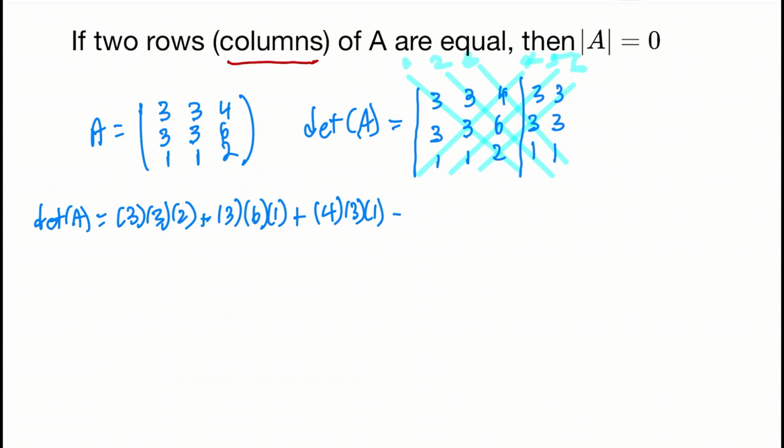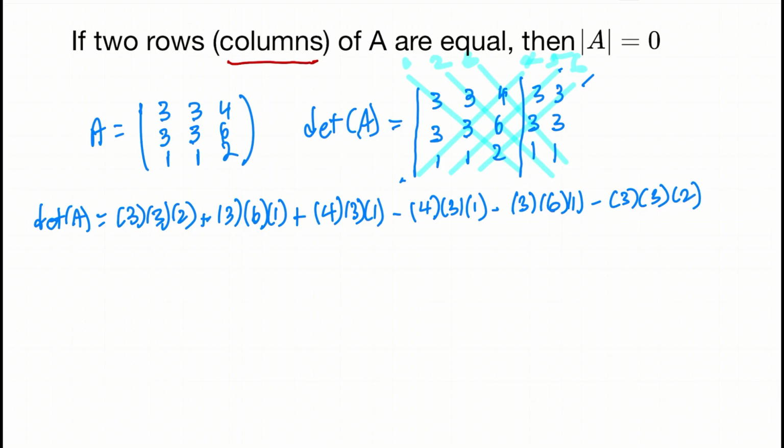And now we subtract off this diagonal, so that's going to be 4, 3, 1, minus the number 5 diagonal, so that's going to be 3, 6, 1, and then minus the last one here, 3 times 3 times 2.